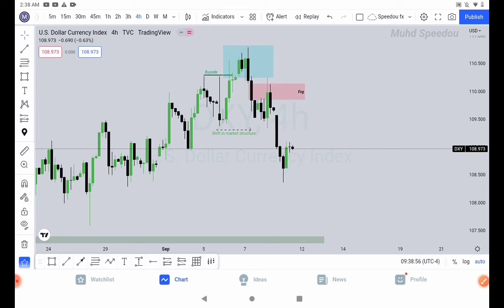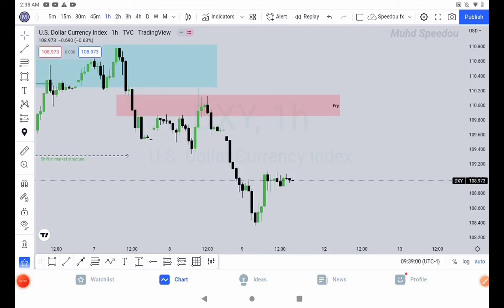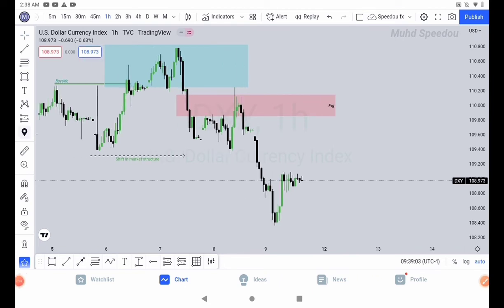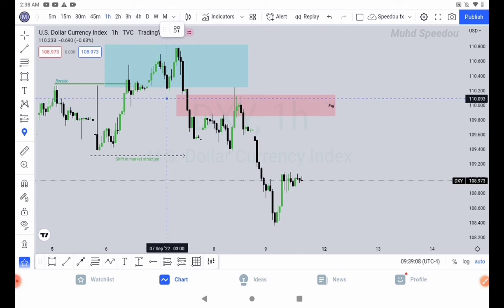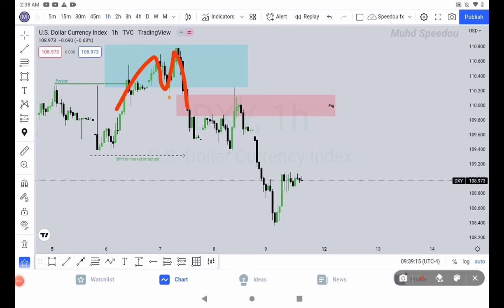All right, let's drop down to the 1-hour time frame. On the 1-hour time frame, you can see the details are more clear here. This is a shift in market structure. This is a shift in market structure. You can see this is a shift in market structure, and we can see how price, after breaking the bearish market structure, retraces back to this fair value gap, which is also a fair value gap on the 4-hour time frame.